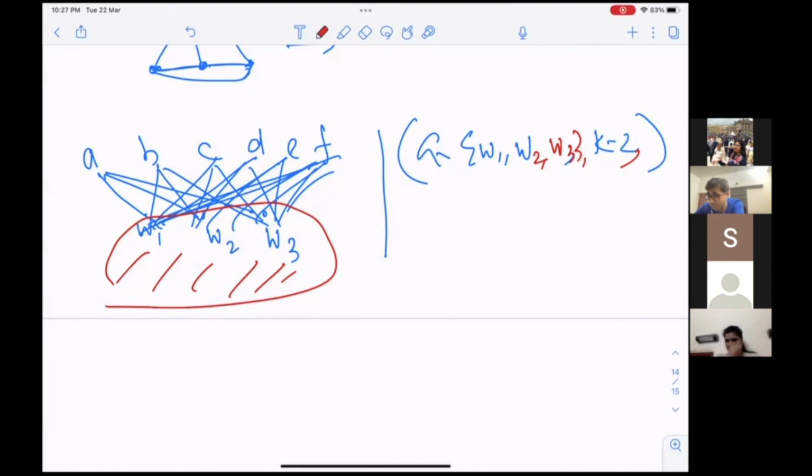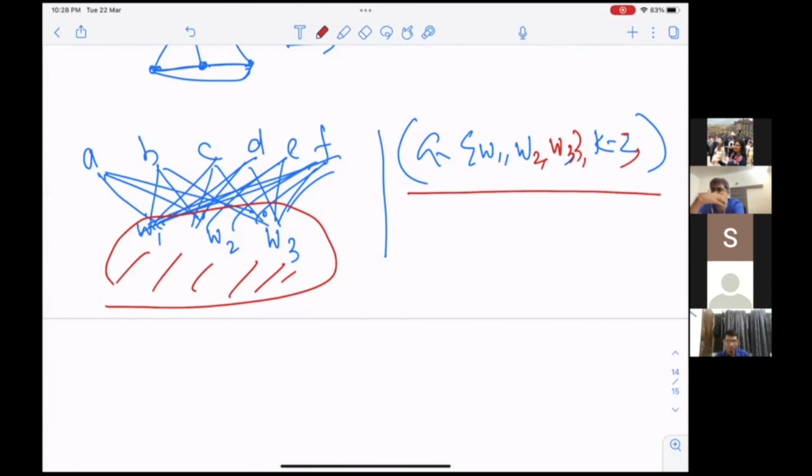I'm saying that this reduction rule is correct. Can you justify this? The neighbors of W1, W2, W3 are more than 3 in number, so instead of taking all those neighbors, taking W1, W2, W3 is good.